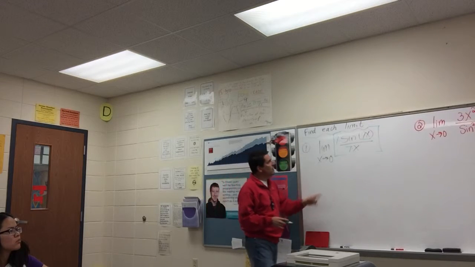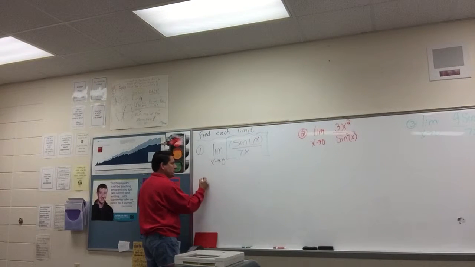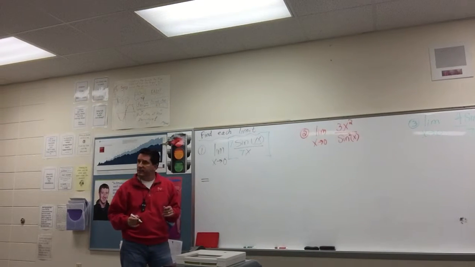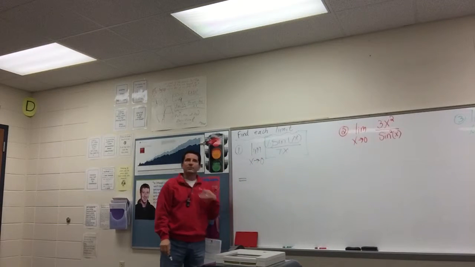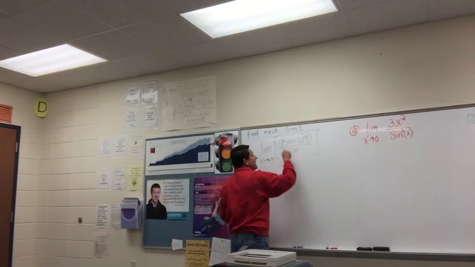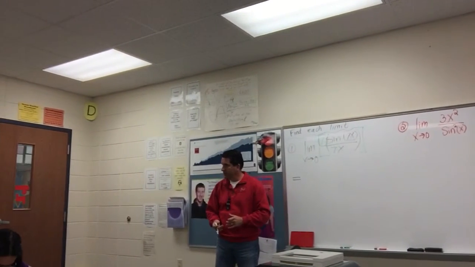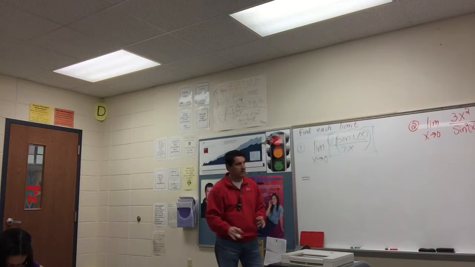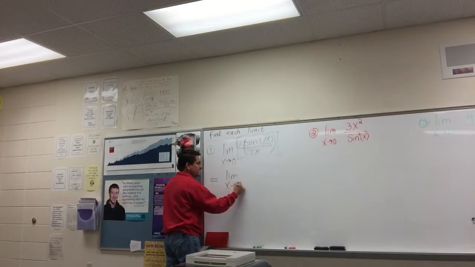Okay? So I've got this. Now, the power in this is we learned a property yesterday of limits that if this 7 right here is actually a constant that's multiplied by this function, I can really take it out. In other words, I'm going to write the step here. This is equal to the limit as x approaches 0.